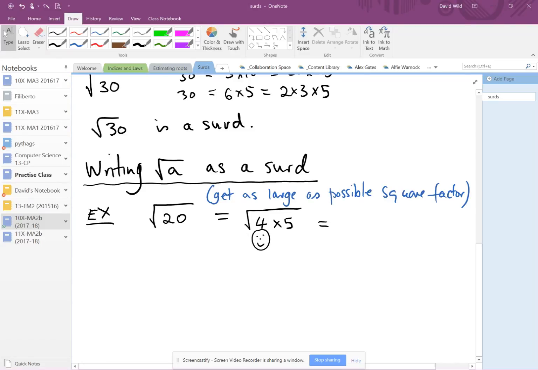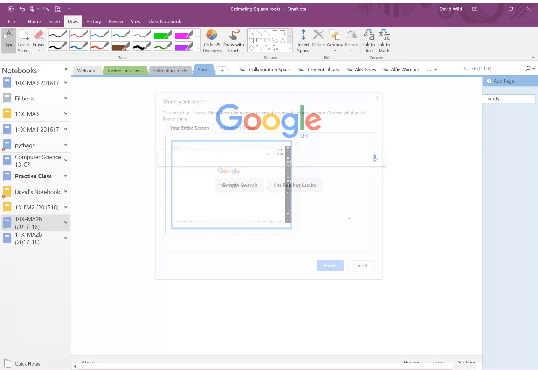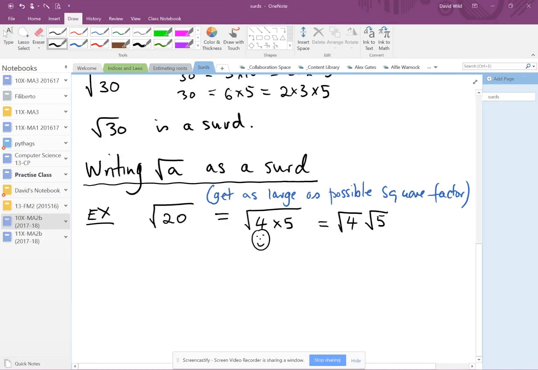So we can now split this up into 2 square roots, root 4, root 5. Okay, so the square root of 2 things multiplied together, you can split them up into 2 separate square roots. Is that all right? Everyone okay with that? And we can then write root 4, which is 2.